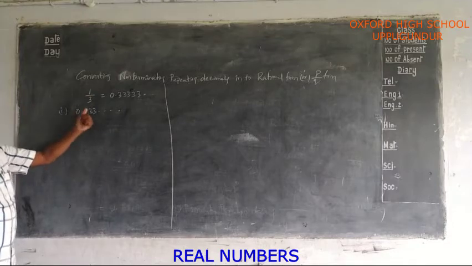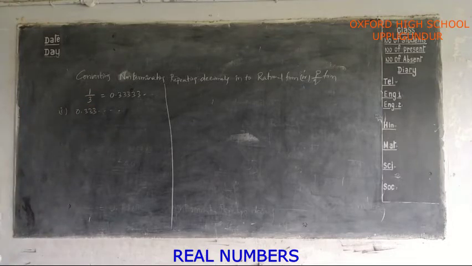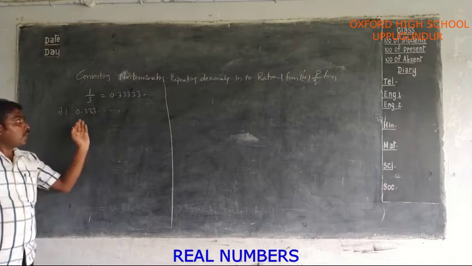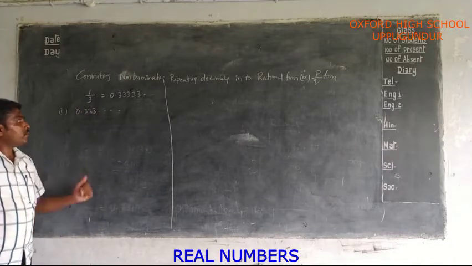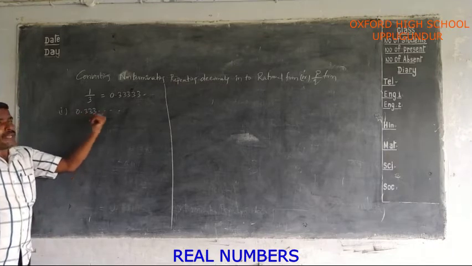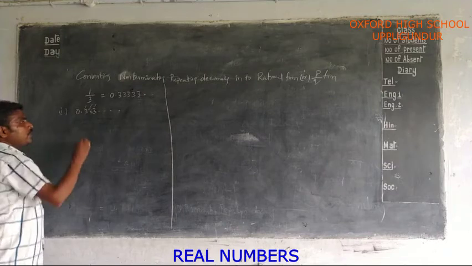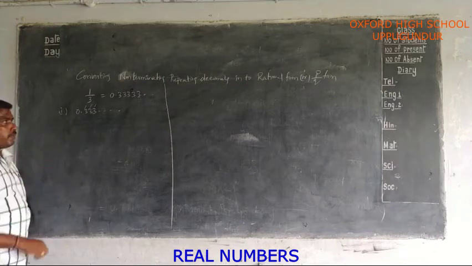How will you get this into 1 by 3? Whenever a non-terminating repeating decimal is given, how many digits are repeating? That is called periodicity. Here how many digits are repeating? Only 3 is repeating. So one digit is repeating.